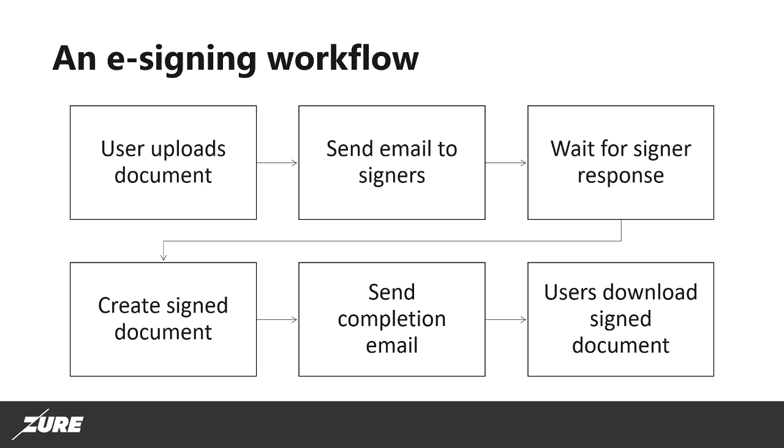They might say, okay, I agree, I will sign this document, or they might say, no, I do not wish to sign this document. If all of those signers sign the document, we'll create a signed version of the document that the first user uploaded. Then we'll send some kind of completion email to everyone involved, and the users can then download the signed version. So at a high level, it's something like this. This has been simplified quite a bit though, as the actual signing services have quite a lot more features than this, but for this demo's purposes, this level is enough.